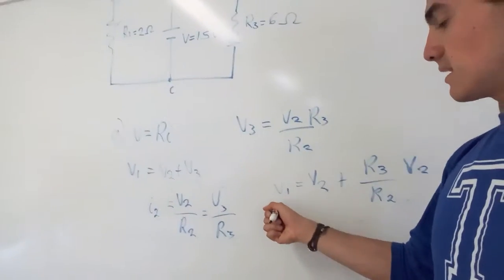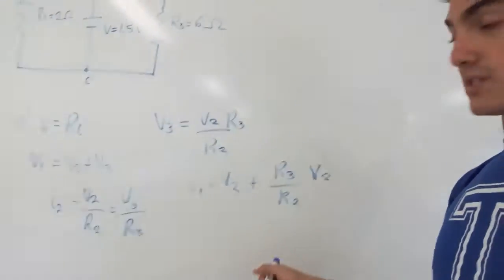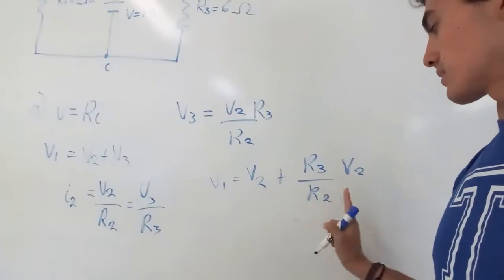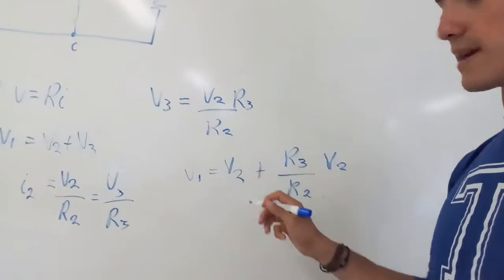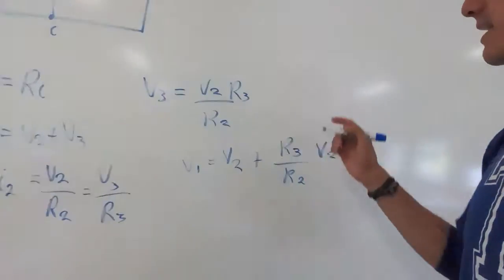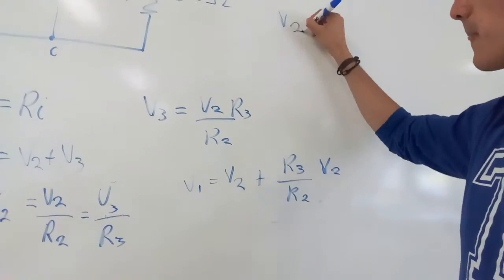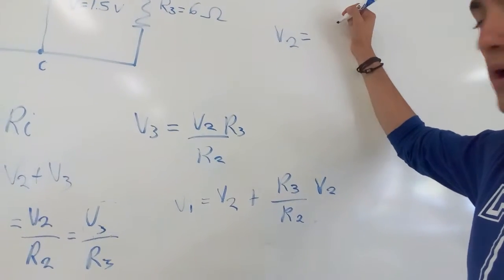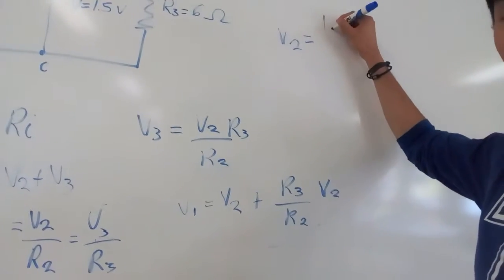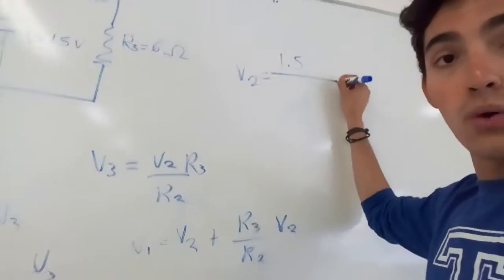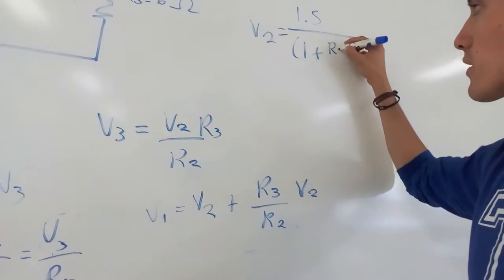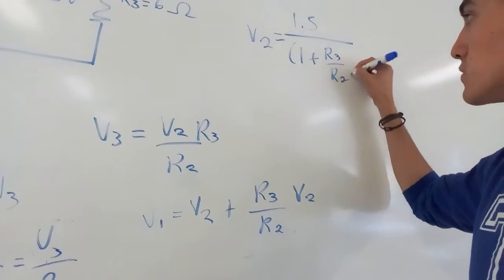Once we know this relationship between the voltages, we can get the relation of the voltage 2. We can factorize it and we can obtain that the voltage 2 is equal to our voltage 1, that is 1.5, over 1 plus R3 over R2.